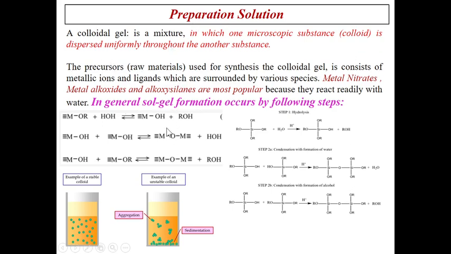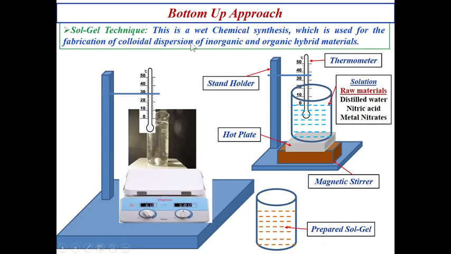or the reaction, so the reaction through which the solution has been prepared. These are the steps you have to write down in your note. The colloidal gel here, we have to prepare.